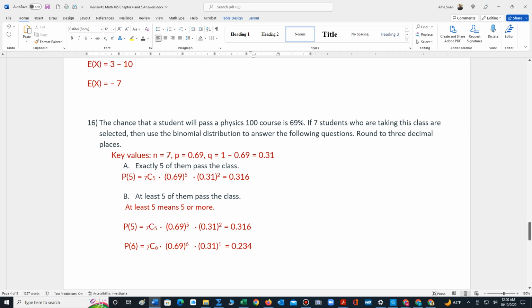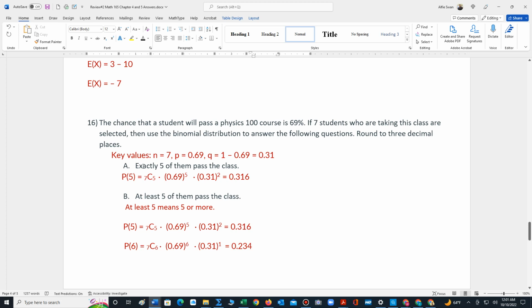We're selecting 7 physics students. Probability of passing is 0.69. We also need q, that's the probability of not passing. So 1 minus 0.69 is 0.31.